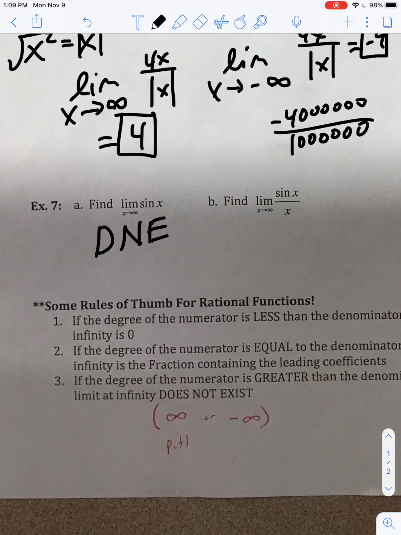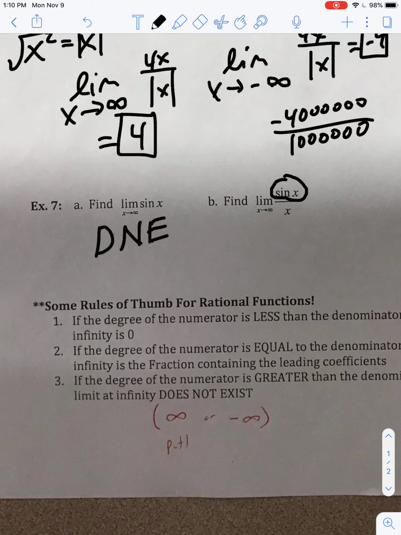The limit of sine of x over x as x goes to infinity. Okay, well, think about what's happening. On top, if you take sine of anything, think about that sine graph I just showed you. The biggest the y value will ever be is 1, and the smallest the y value will ever be is negative 1. Sine goes between negative 1 and 1. That means no matter what I plug in for x, this value on top will always be between negative 1 and 1, a really small number.